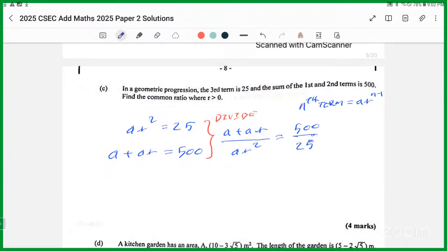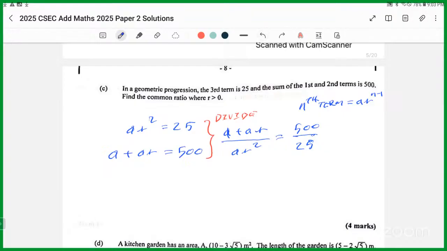500 over 25. All right, so we're going to do 500 over 25, which is 20. Then now the A's here will cancel, right?